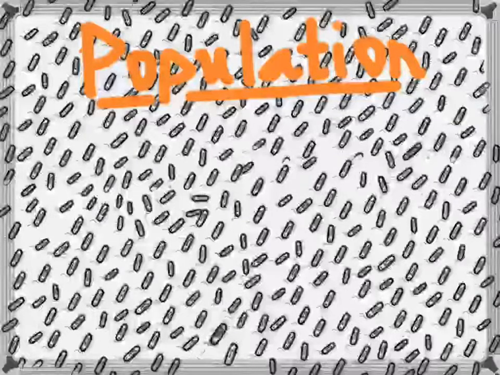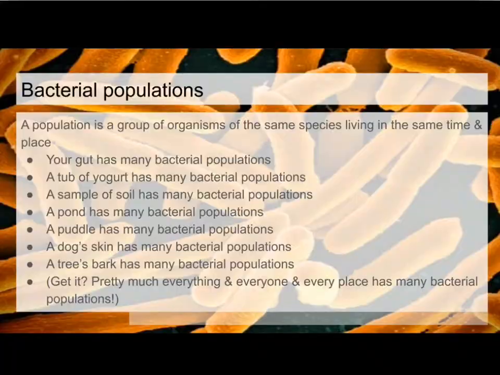But the place could be, well, a whole lot of places. Your gut, for instance. Your gut's got tons of different populations of bacteria, all living happily in there. One location, many species, many populations. A tub of yogurt. Yogurt? Yes, yogurt. Has got at least 5 bacterial populations in most yogurts. When it says live active cultures, you should look at what species there are.